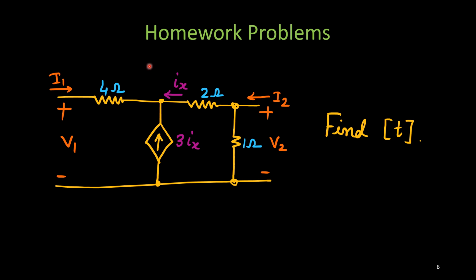I'll give you one hint that you can consider this one as a small subnetwork, and for that you have to find out the T parameter and then you can cascade. Okay, I hope you can do this one. Find the solution and post your answer in the comment section and show your understanding. Okay, I'll surely reply to your comments.